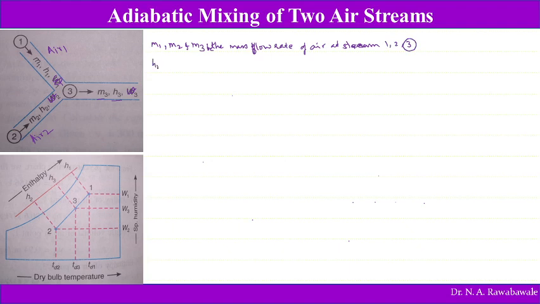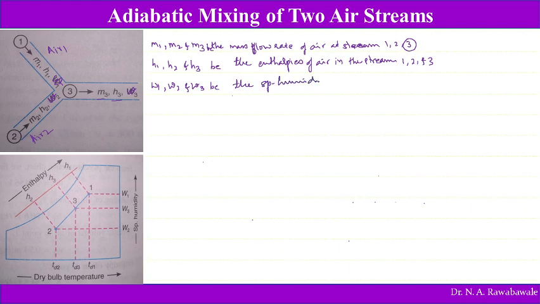Then h1, h2 and h3 be the enthalpies of air in streams 1, 2 and 3, whereas omega 1, omega 2 and omega 3 be the specific humidities of air streams 1, 2 and 3 respectively.